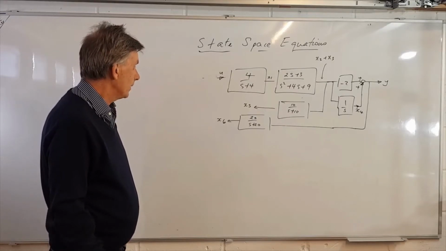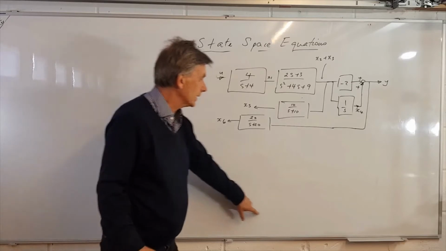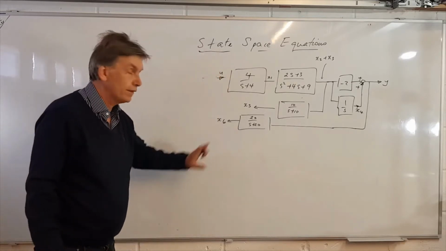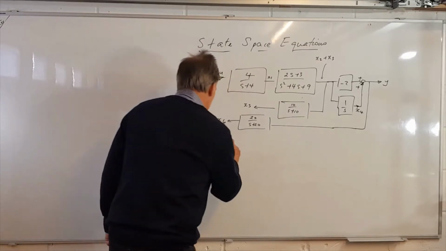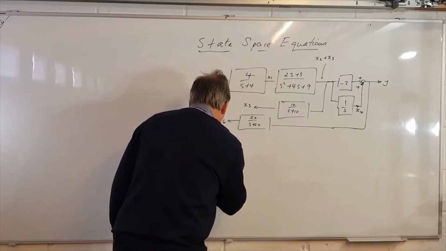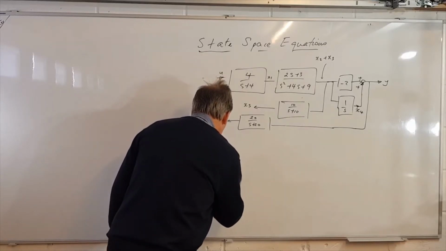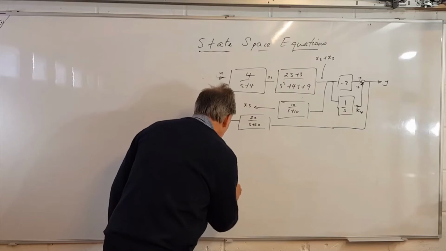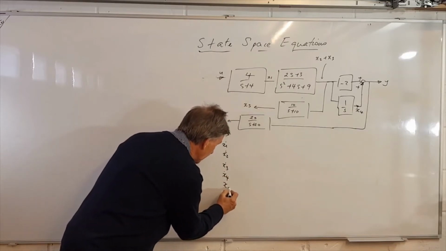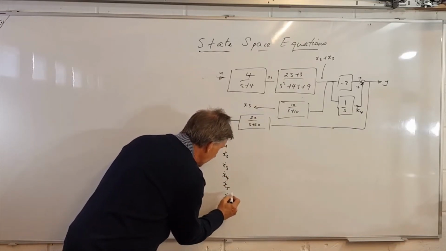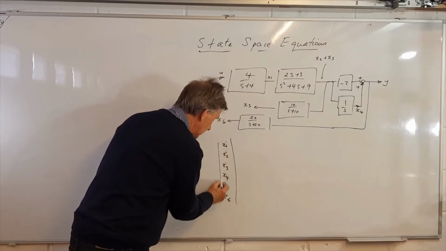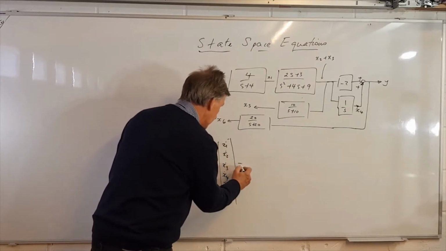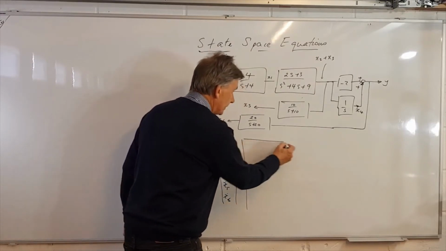So what I'm going to do is put the 6 by 6 state space equation here and fill it in as we go. So we're going to have x1 dot, x2 dot, x3 dot, x4 dot, x5 dot, x6 dot. There's the derivatives of the states there. That's going to equal a matrix here now.